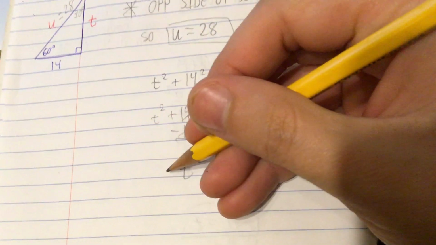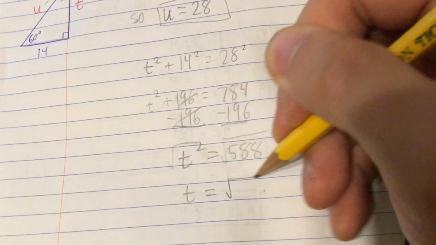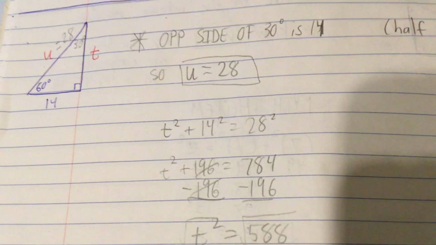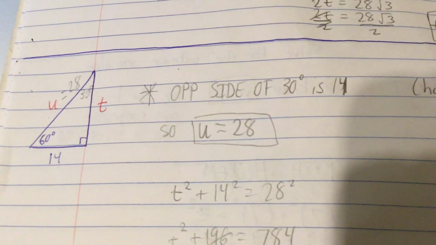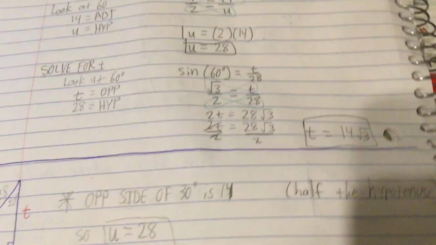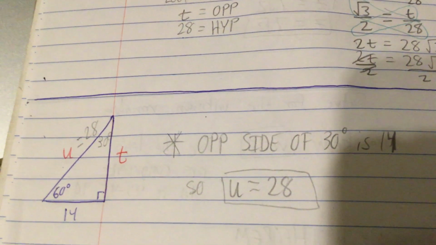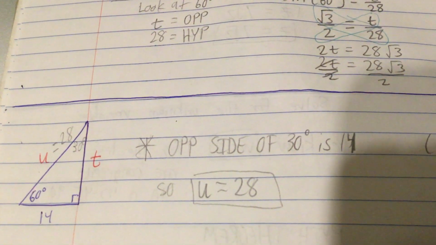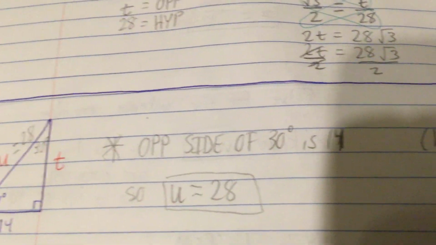Okay, let me just scoot up a little bit. Okay, so if I square root both sides, now I've got t equals the square root of 588. Let's just say I divide that by 4. 147. Let me just make sure really quick. Let's just say I divide 588 by 16. Can I divide by 16? No, I can't divide by 16. 588 divided by 12? Yeah, 12.